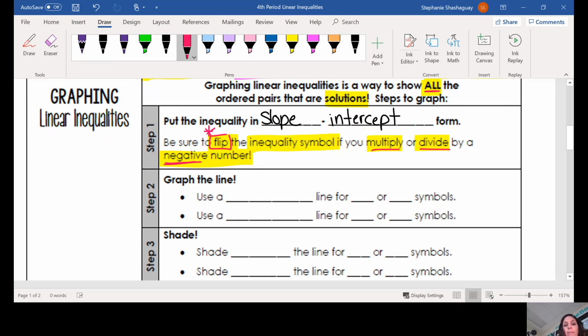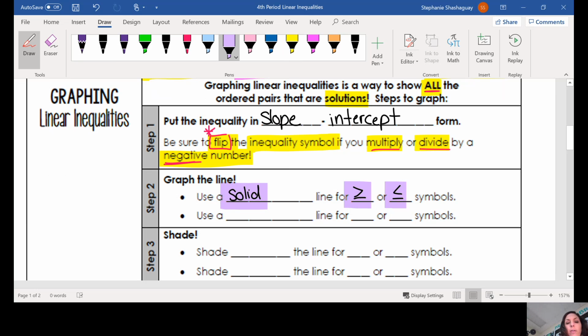So when you graph the line, you will use a solid line for a greater than or equal to or a less than or equal to symbol. So if you have a solid line, that's when you have a greater than or equal to or a less than or equal to.